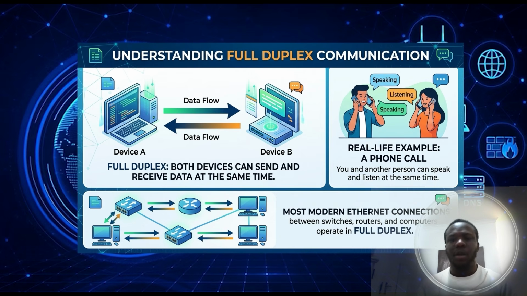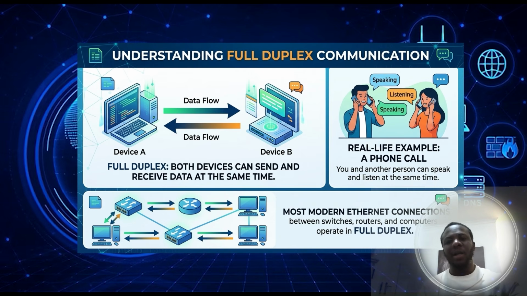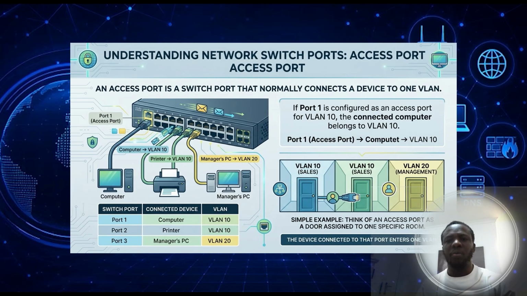All right. There's one extra that I want to give you, which is the switch port. An access port is a switch port that normally connects a device to one VLAN. That is why when you are assigning the VLAN, the port will be assigned to the VLAN that it belongs to.